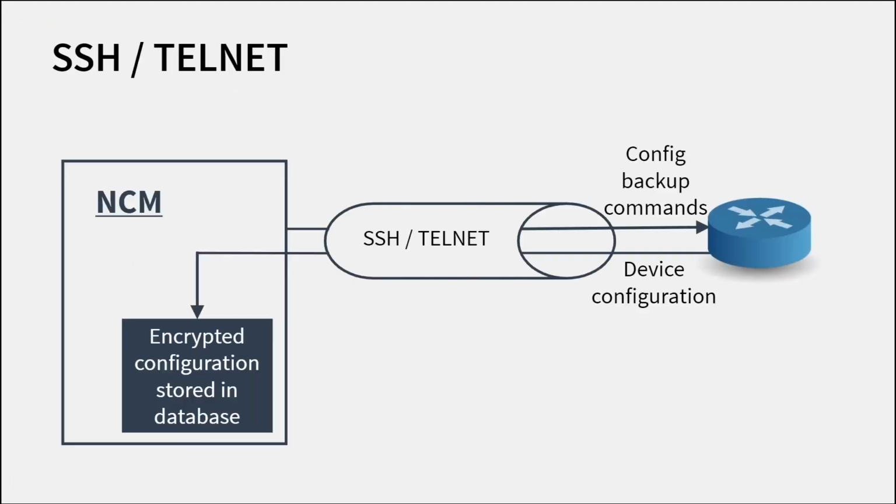So in the SSH or TELNET based backup, a channel is established between NCM and the device in the SSH or TELNET protocol. The configuration backup commands are sent from NCM to the device through this channel, and the device sends the device configuration back to NCM through the same channel. NCM then receives this configuration file, encrypts it, and stores it in the database.